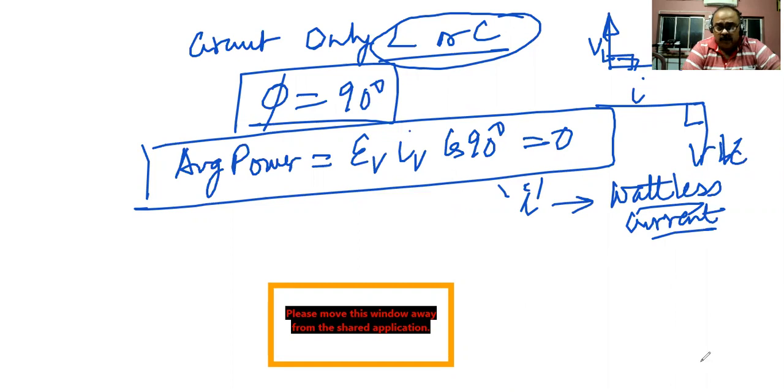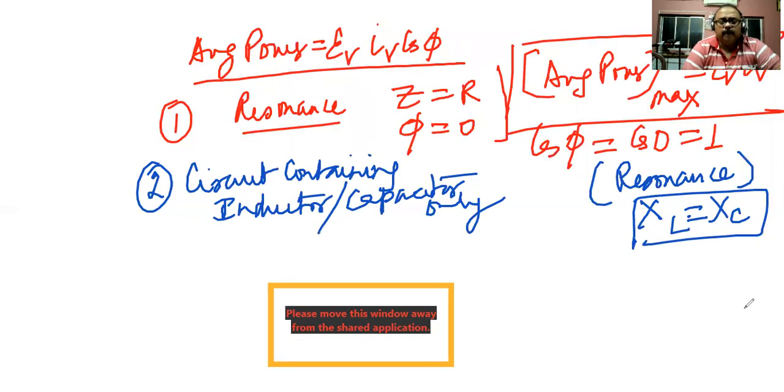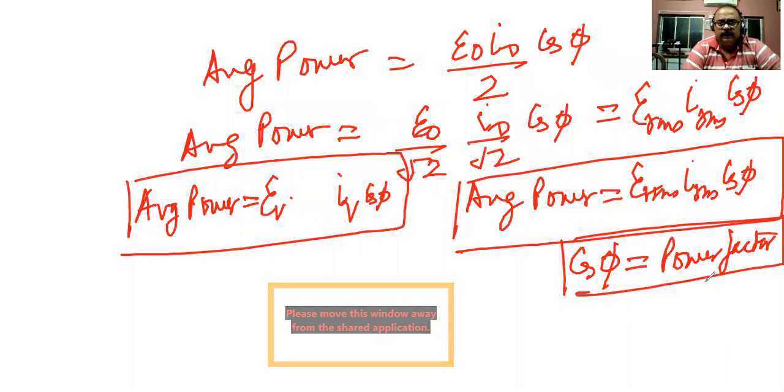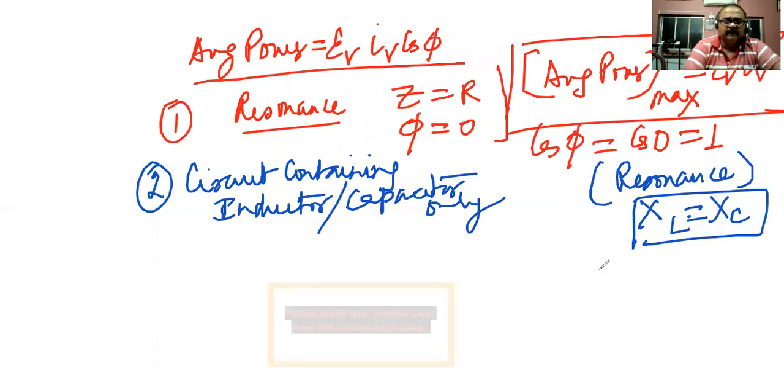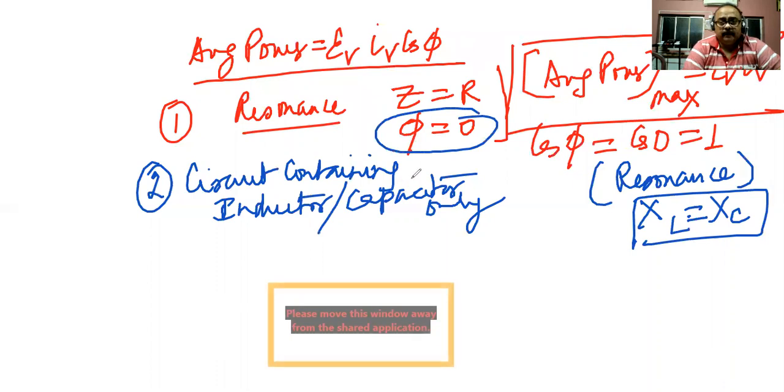So this is the total concept of average power. Try to understand. Average power, the formula is EV IV cos phi, and in case of resonating condition or a circuit containing pure resistance, phi equals 0, average power is maximum and the power factor equals 1.